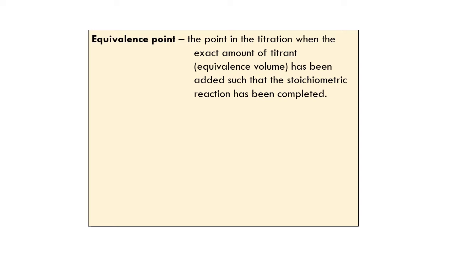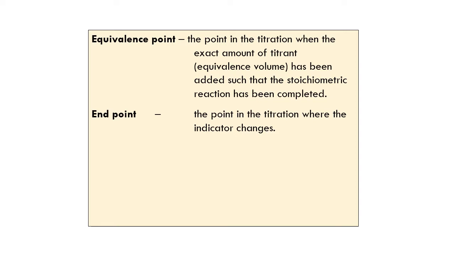When we refer to the equivalence point, this is a point in the titration when the exact amount of titrant has been added so that the stoichiometric reaction has been completed. And in many cases, we'll hear reference to the equivalence volume. So it's the exact volume of titrant that has been added so that the stoichiometric reaction has been completed.